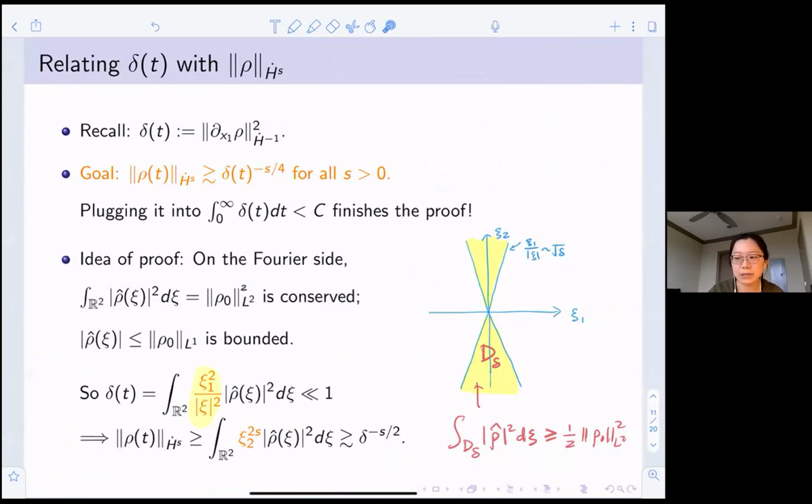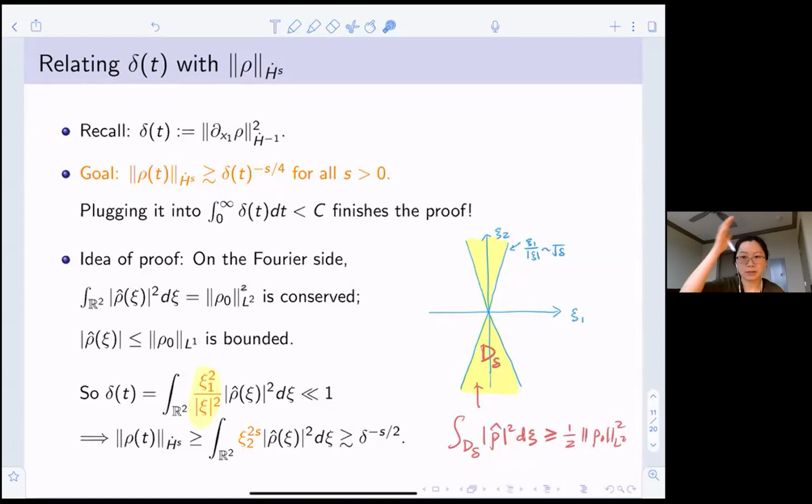Namely, our goal is to show this very explicit inequality: if delta is small, then for any s bigger than 0, it has to have a huge HS norm, which is more precisely bigger than delta to the power negative s over 4. Okay, and then once we prove this, by plugging it into this integrability of delta, we'll immediately finish the proof.